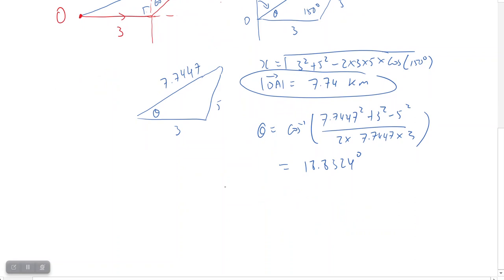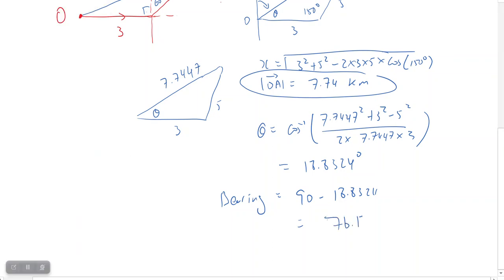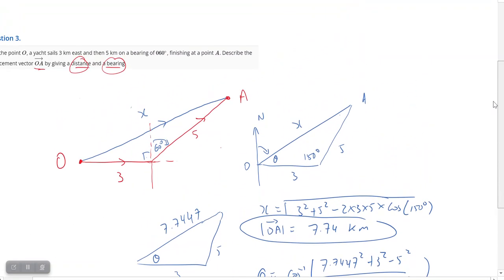So the bearing would be 90 degrees minus 18.8324, which gives you 76.17, about 76.2 degrees true. Usually you put an extra digit, it's usually 3 digits, but I'm not going to penalise you if you don't do that. That's going to be your final answer. Hopefully that explains how you go about doing this question.